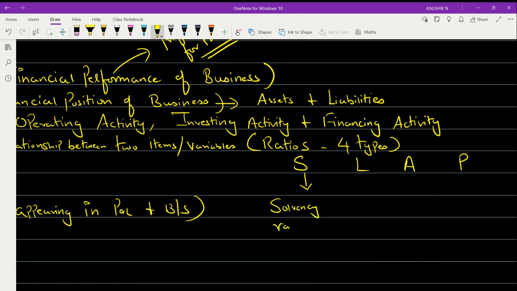So solvency ratios. L stands for liquidity ratios.